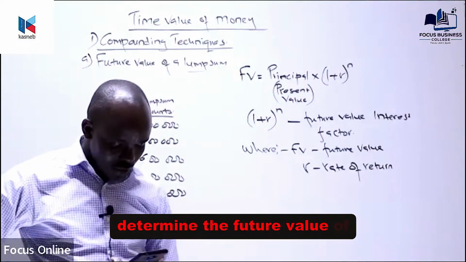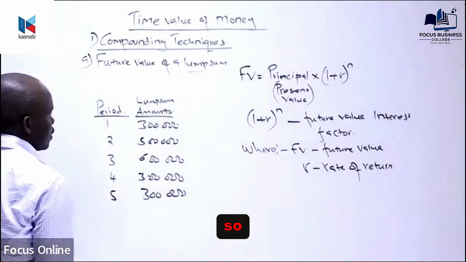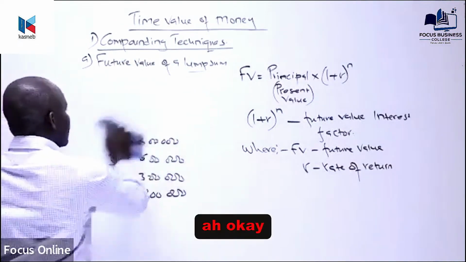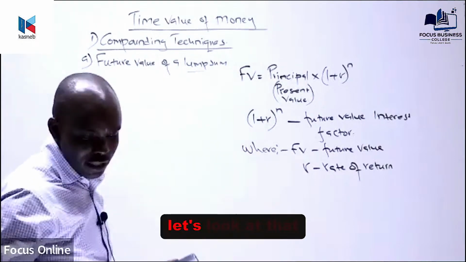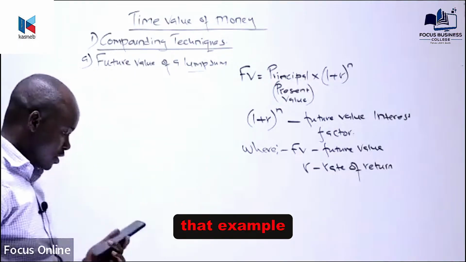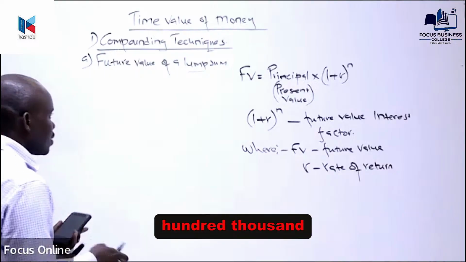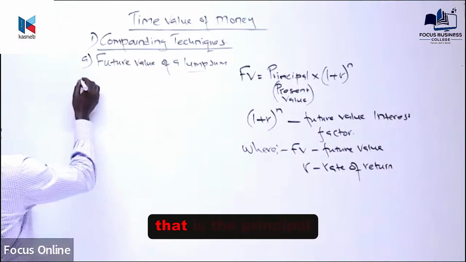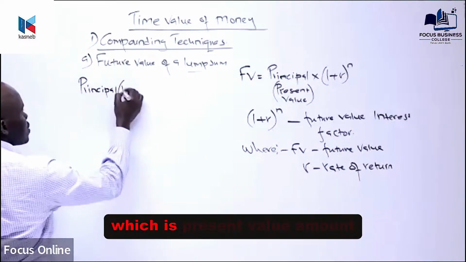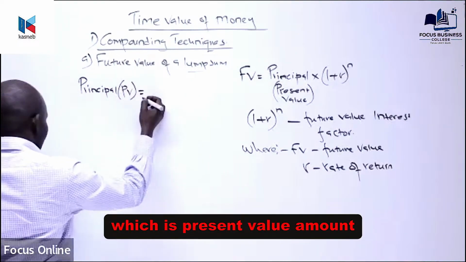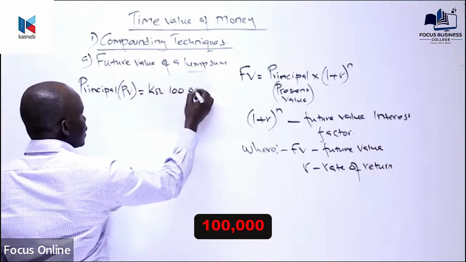Determine the future value of the investment after 3 years. So we are doing that illustration. Assume that you have invested shillings 100,000. That is the present value, that is the principal. The principal amount, which is the present value amount, is Kenya shillings 100,000.